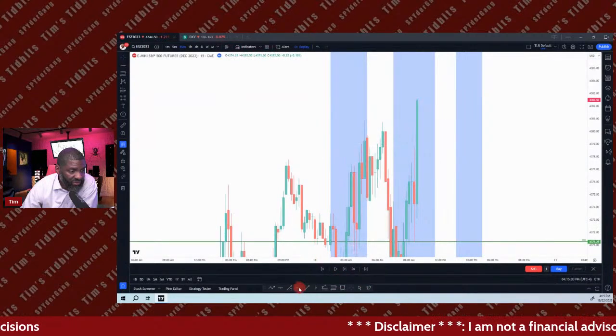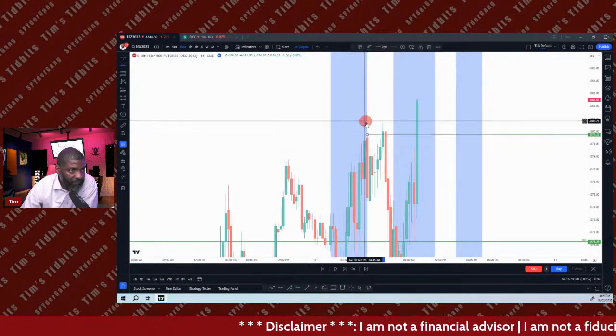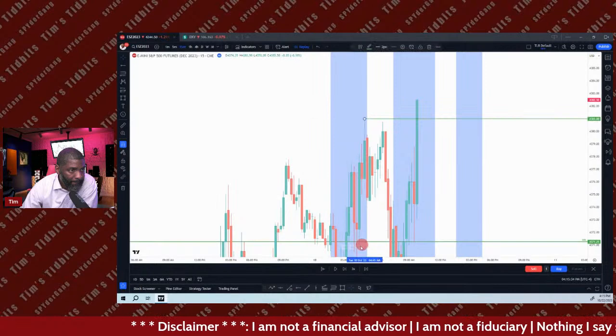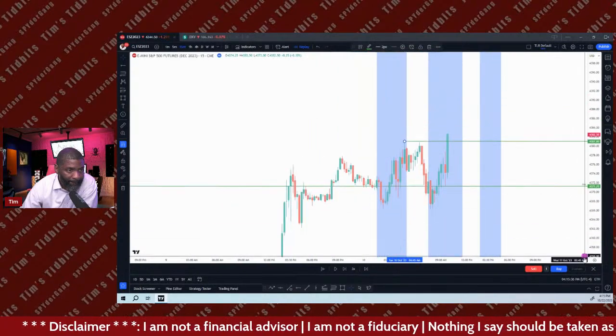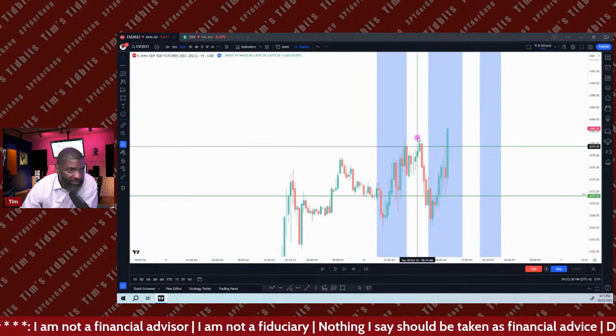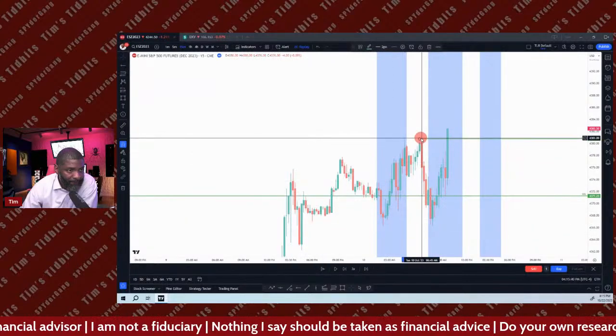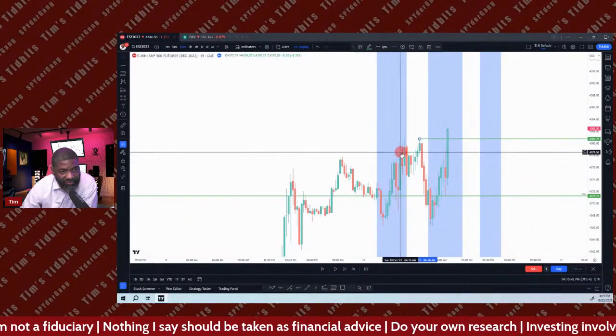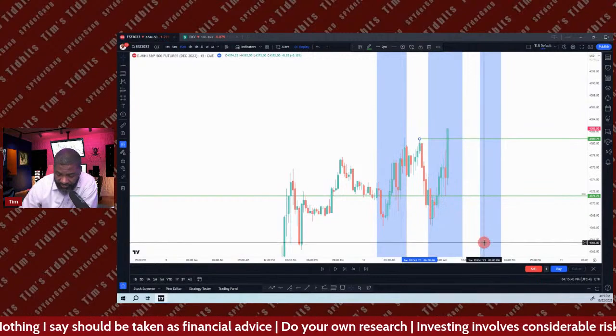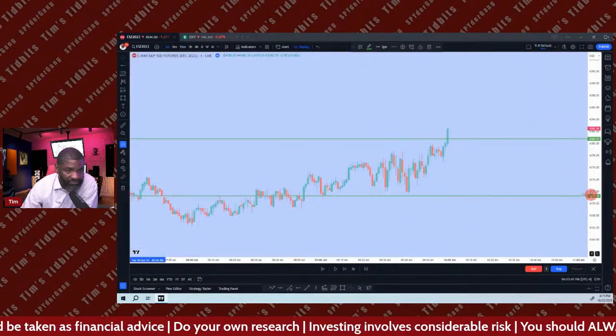So let's see what candle went across that. This is really the high right there. That's the high right there. And then the other one is right next to it. So now let's go back to the 1 minute.